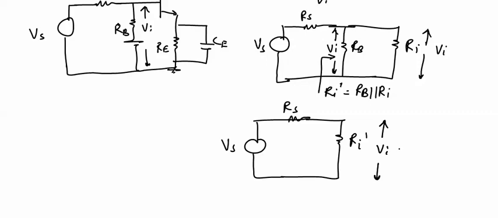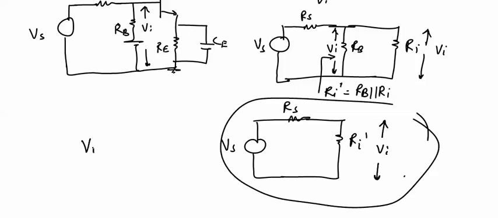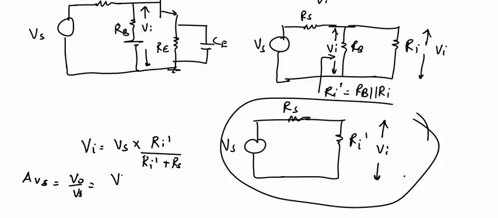Now from this network we can write Vi equal to Vs into Ri dash upon Ri dash plus Rs. Total voltage gain AVS was V naught upon Vs, and this can be written as V naught upon Vi into Vi upon Vs.